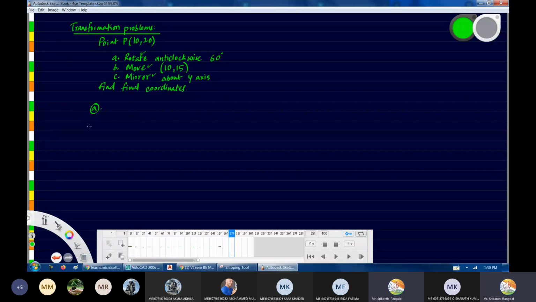First step. This is where the solution is actually beginning. What is the first step? We have to rotate it anti-clockwise by 60 degrees. Now what is the formula for this?